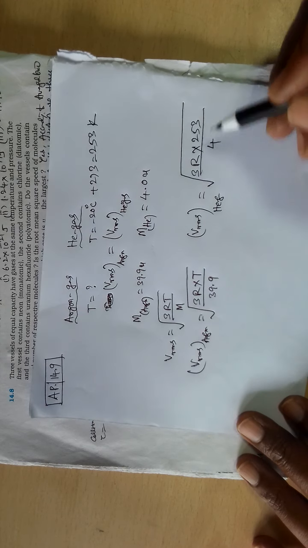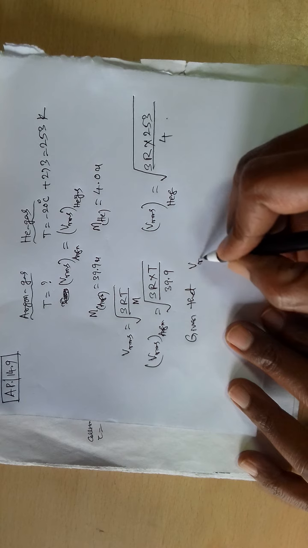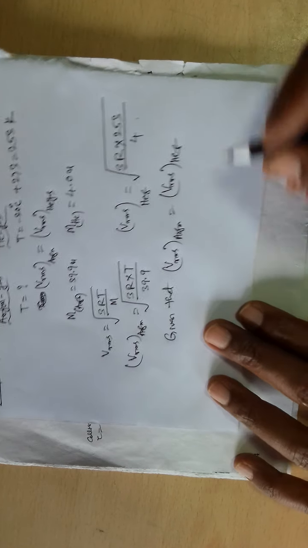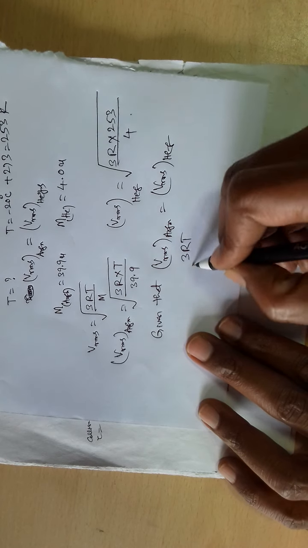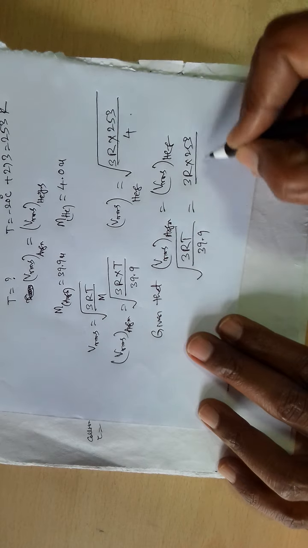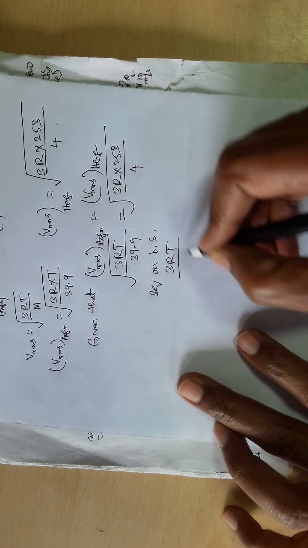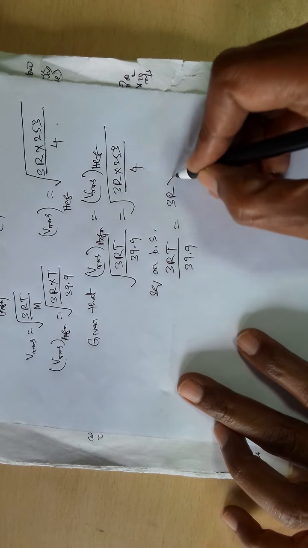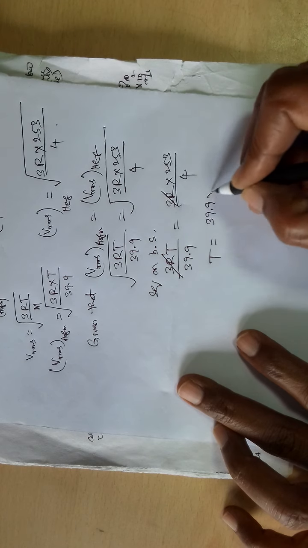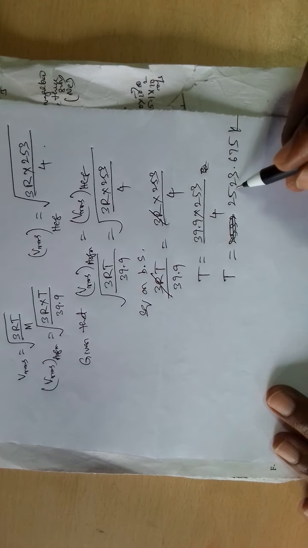Now given that this is equal to this, squaring on both sides, we get this much value.